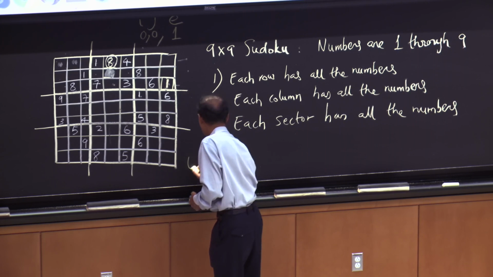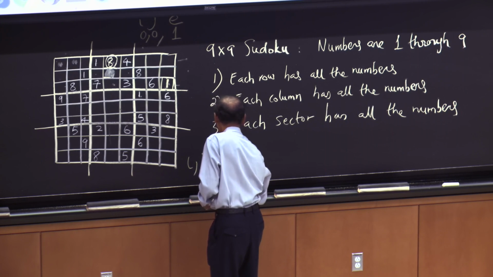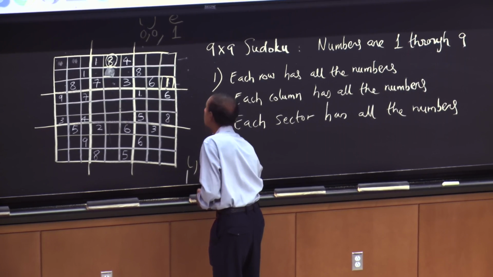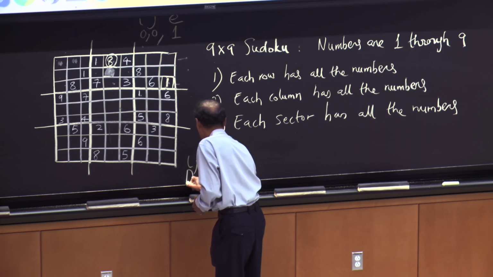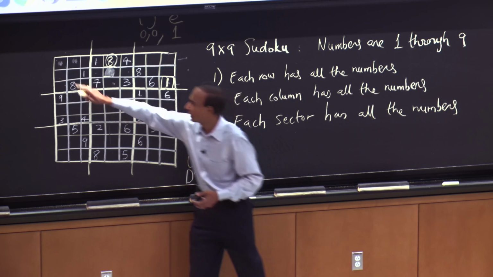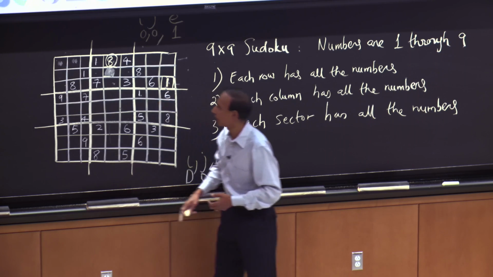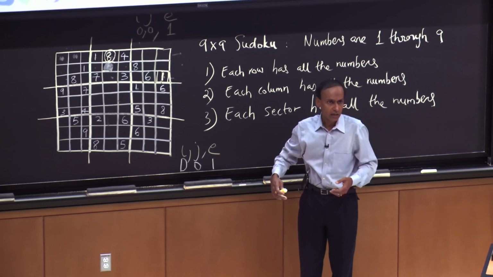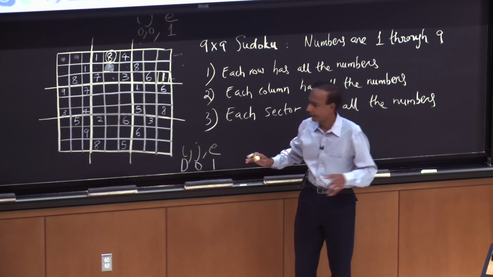So let me write that out here, I, J, and E, where I is 0, J is 0, and E is 1. Right? So that would mean putting a 1 up here, and that obviously is going to violate one of our constraints, but that's fine. We're going to check that.